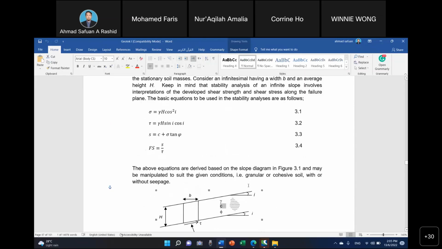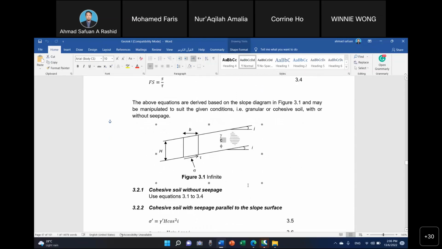Equations 3.1 to 3.4 are for cohesive soil without seepage, which means that there is no groundwater inside the thickness of the slope structure.